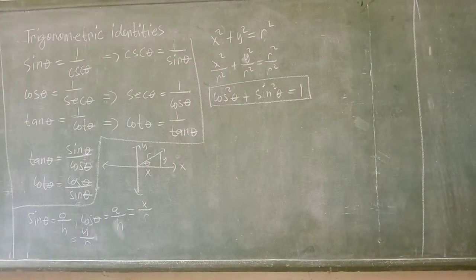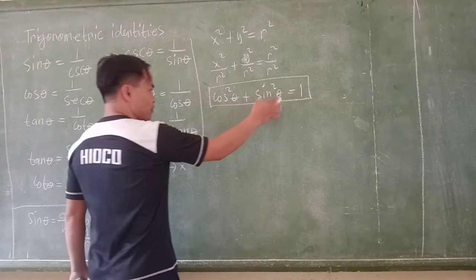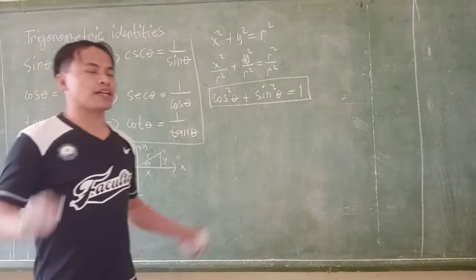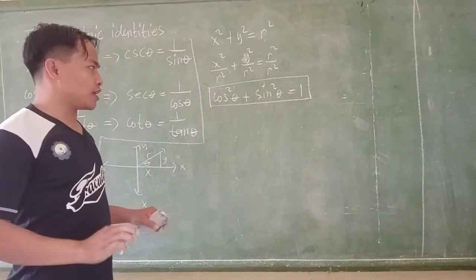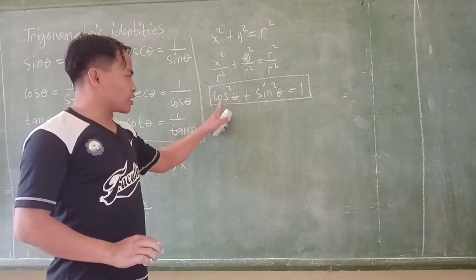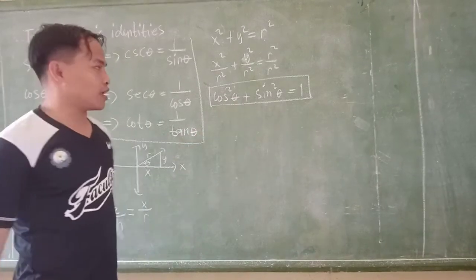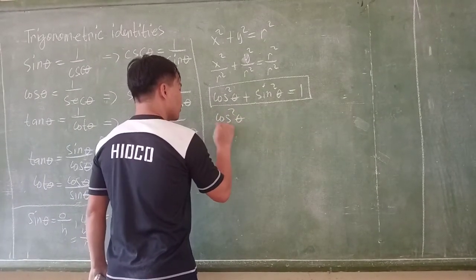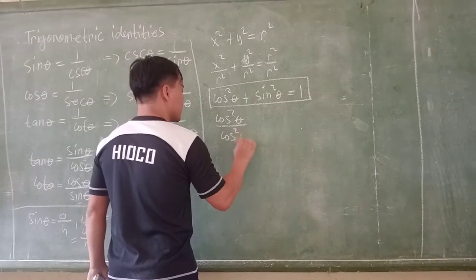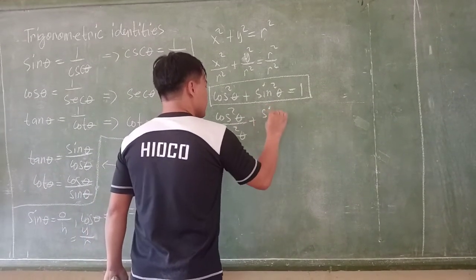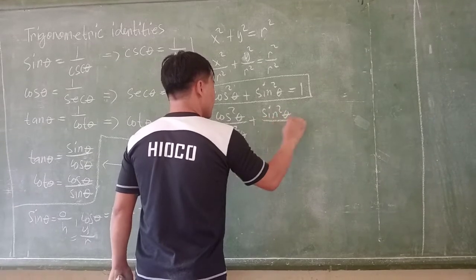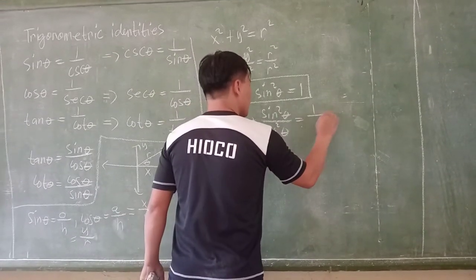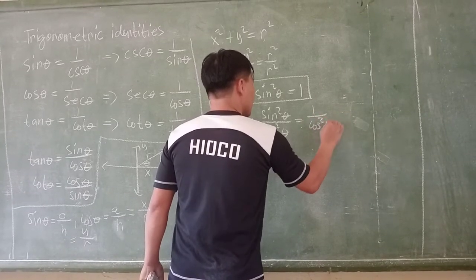Next, from this first identity, we can derive another Pythagorean identity by dividing each term by cos squared. So cos squared theta over cos squared theta plus sine squared theta over cos squared theta is equal to 1 over cos squared theta.